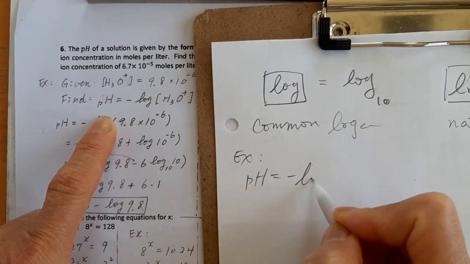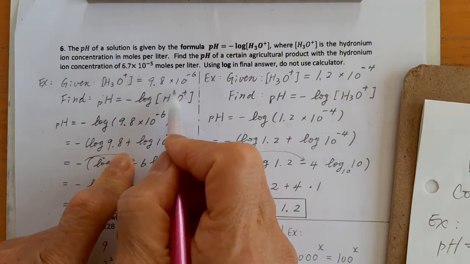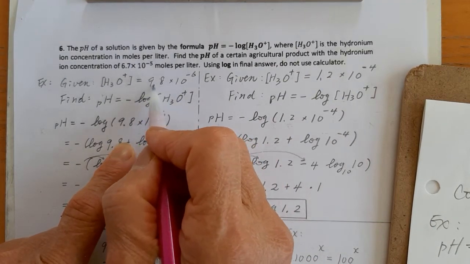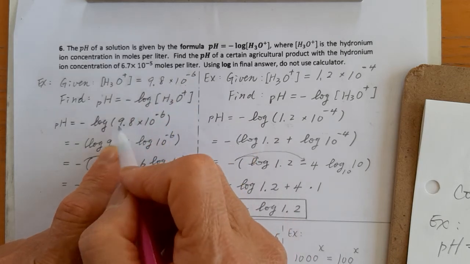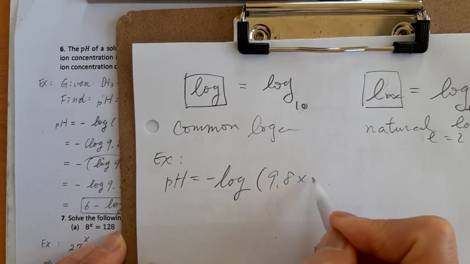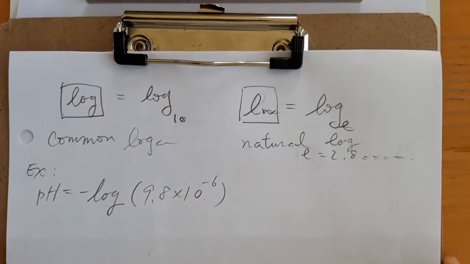The pH value equals negative log, and then substitute the ion concentration: 9.8 times 10 to the power negative 6.